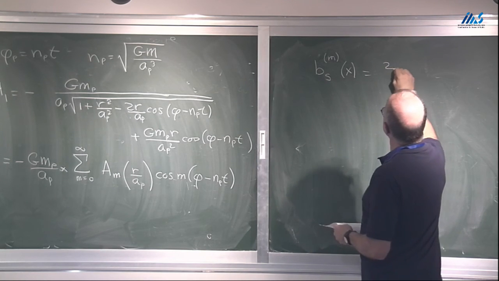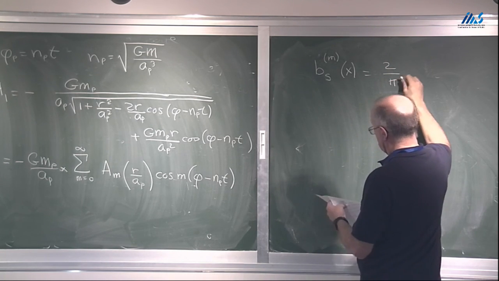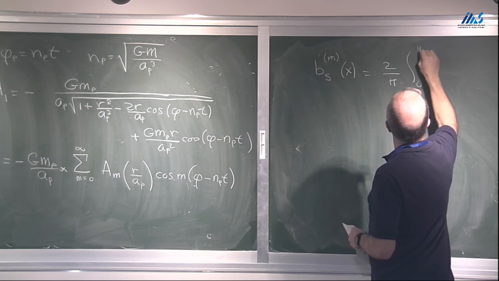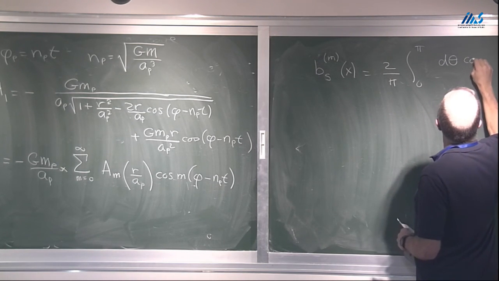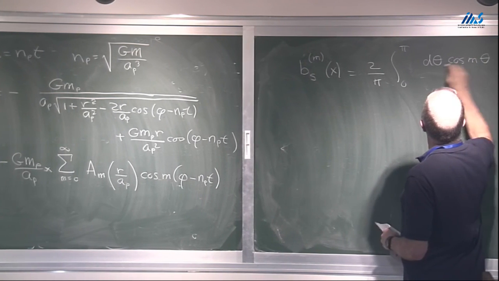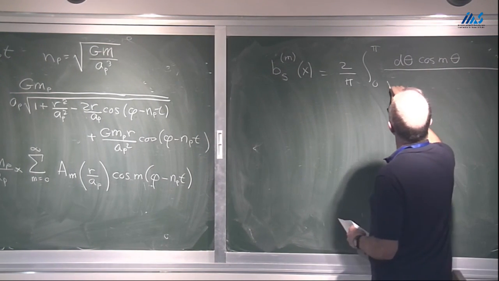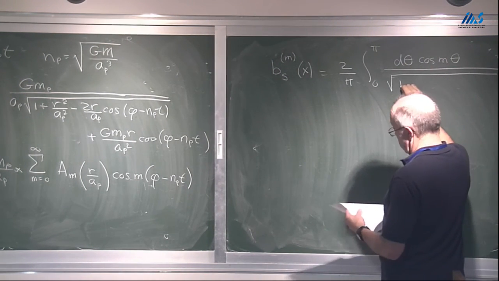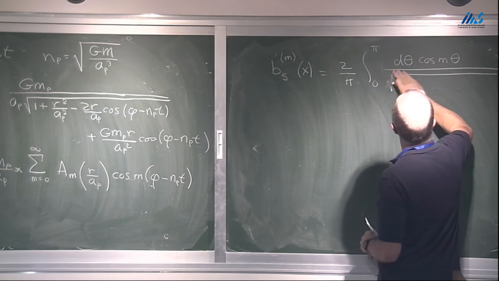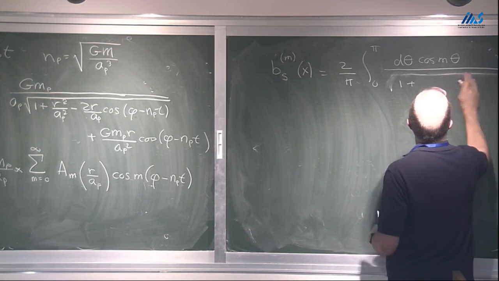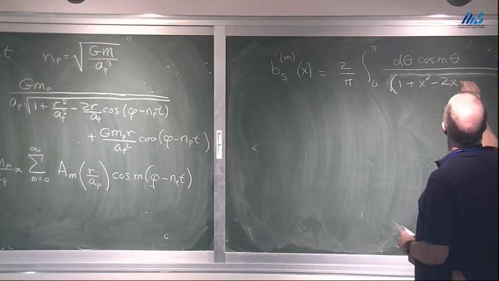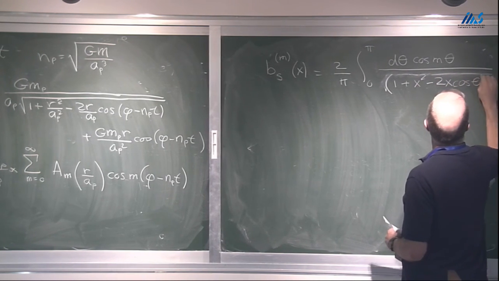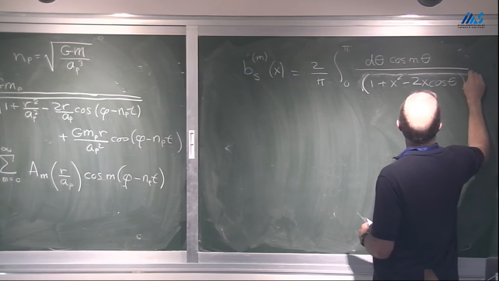They're integrals: 2 over pi, integral 0 to pi d theta, cosine of m theta over 1 plus x squared minus 2x cos theta to the s power.